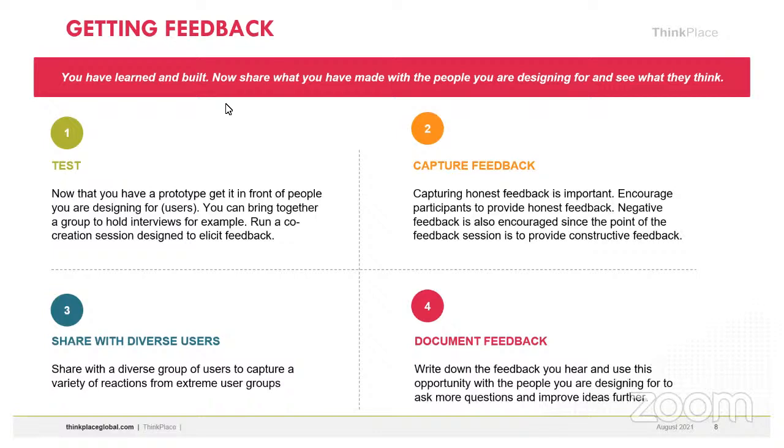So if it is prototyping, you have to tell the people within the community in advance. Tell them how much time you feel it will take. Sometimes we try to avoid being very specific. So you will see most of the consent forms within ThinkPlace, what we use, we say 1 to 2 hours, because you could go to the ground and you're expecting 10 people, but 3 people show up on time.